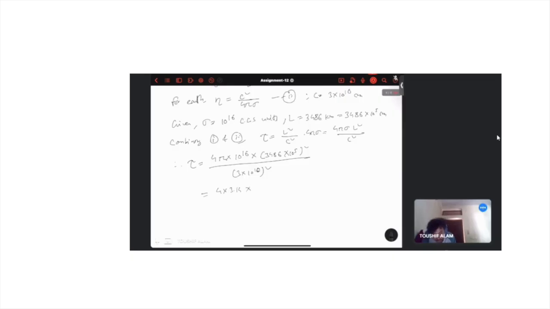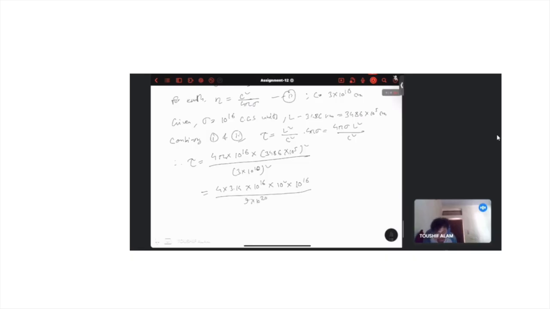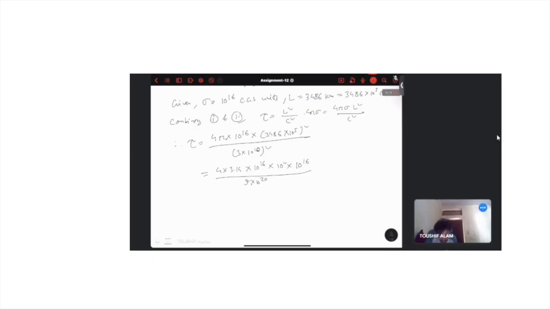So how much will we get? 4 times 3.14 times 10 to the power 16. This is about 3.4 into 10 to the power 8, right? Then 10 square and 10 to the power 16, and here we get 9 times 10 to the power 20, like 10 to the power 21.